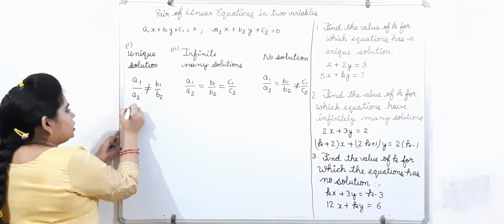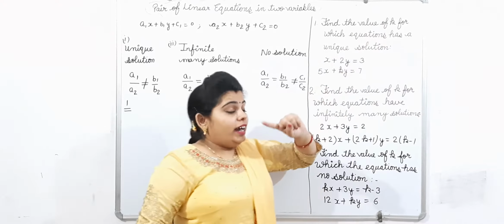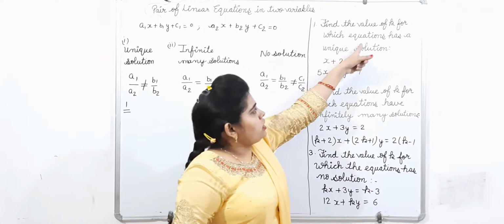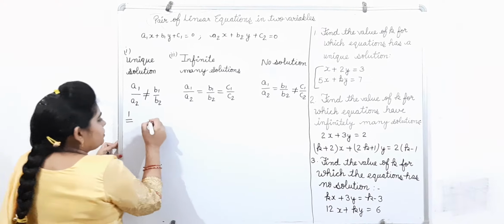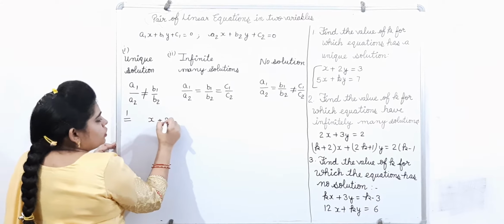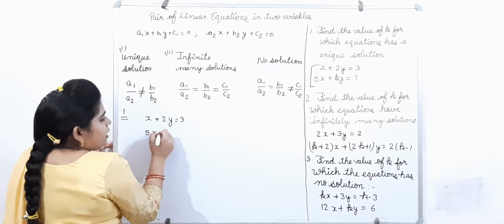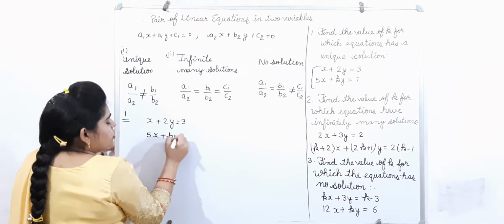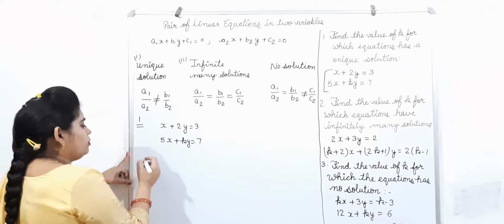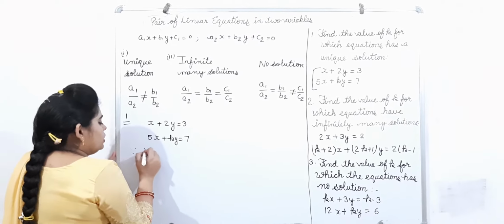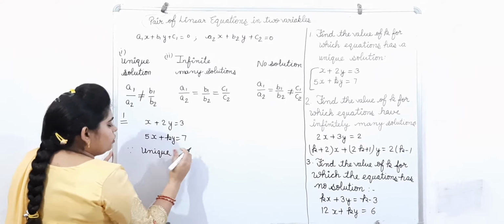Our first question is to find the value of k for which the equations x plus 2y is equal to 3 and 5x plus ky is equal to 7 have a unique solution.